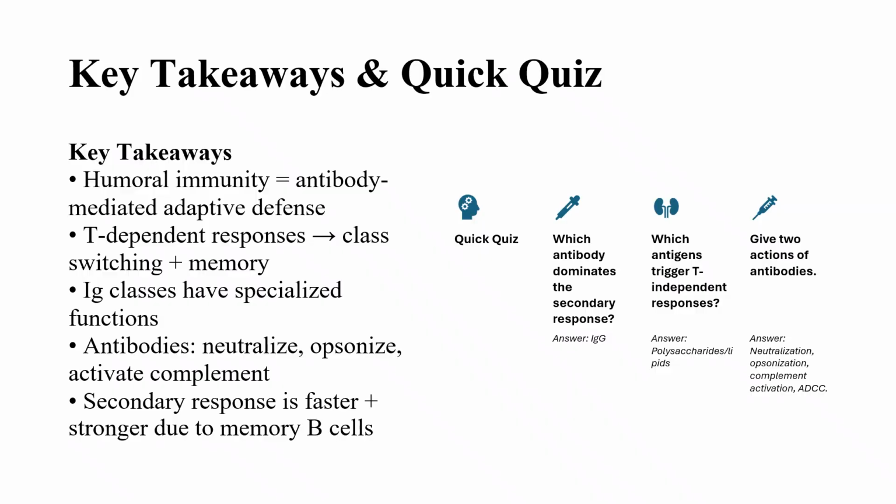When a B cell receives help from a T helper cell, it enters a much richer developmental pathway, which includes class switching, high affinity refinement, and strong memory. Without that T cell help, the response can still occur, but it remains limited, mainly producing immunoglobulin M with weak or short-lived memory.